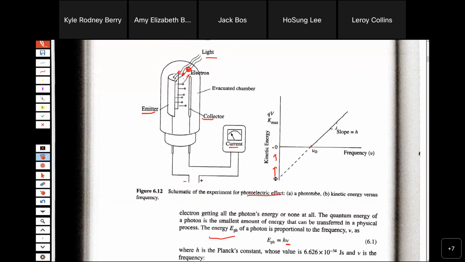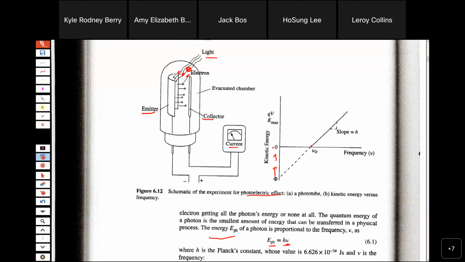Light is a particle, and each particle has a frequency. That is the energy of the particle. Then that is enough for the electron to move. One electron is moving. Electron is everywhere.